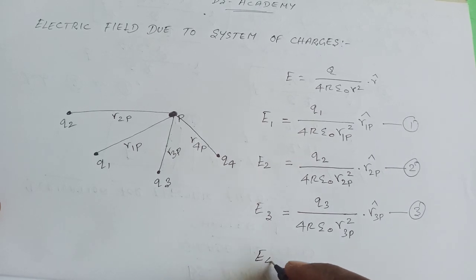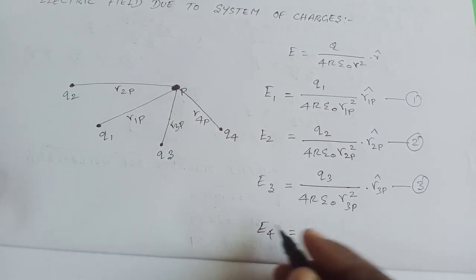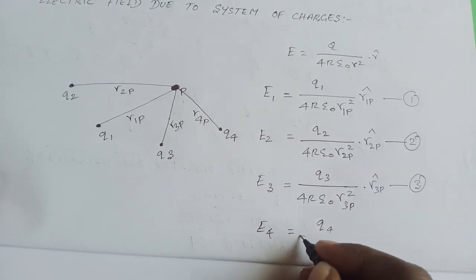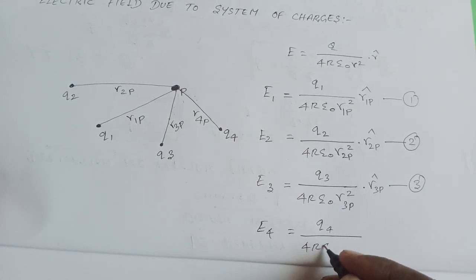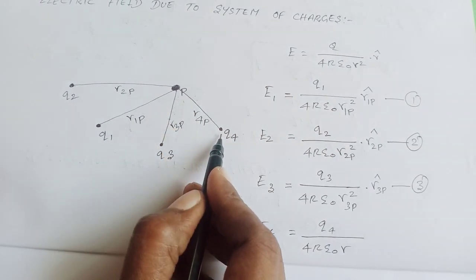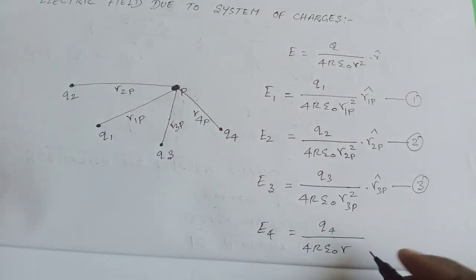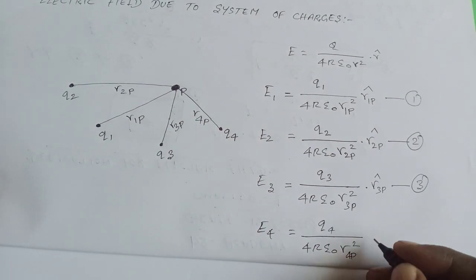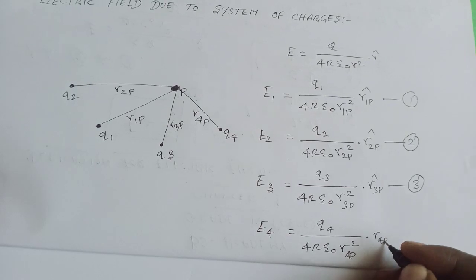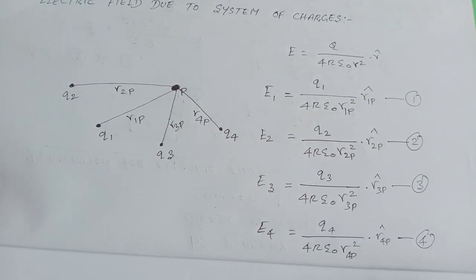In the same way, we can write the equation for E4. This can be written as Q4 divided by 4 pi epsilon naught R4P, that is the distance for the charge Q4. So R4P square into R4P cap. Keep this equation as 4.